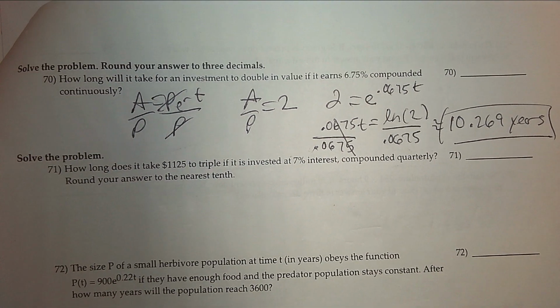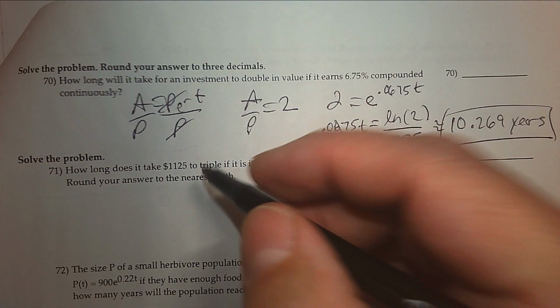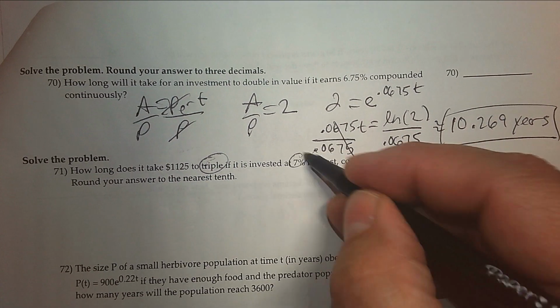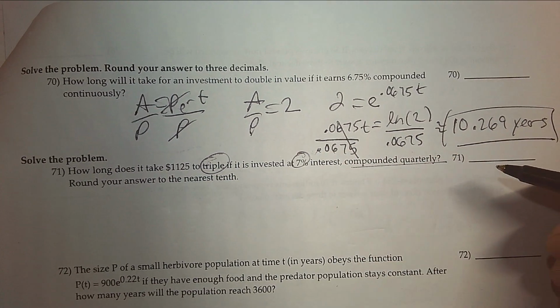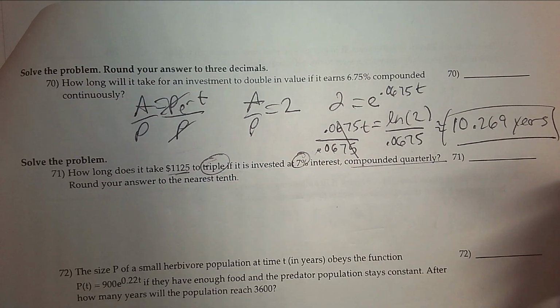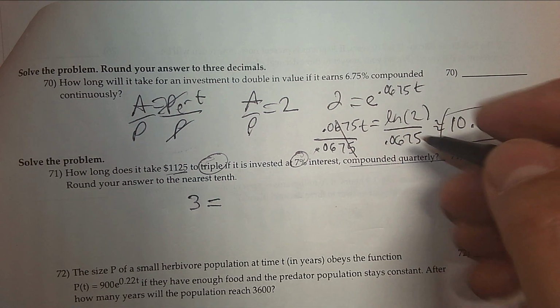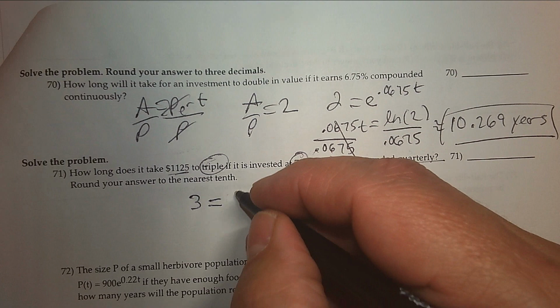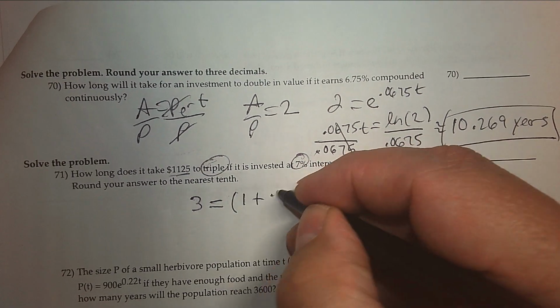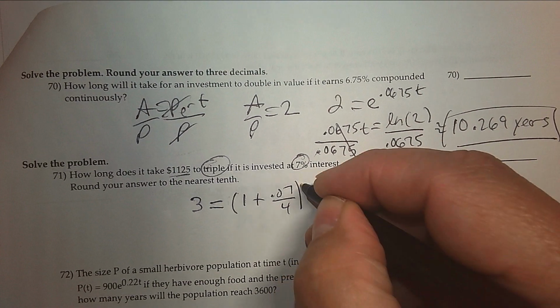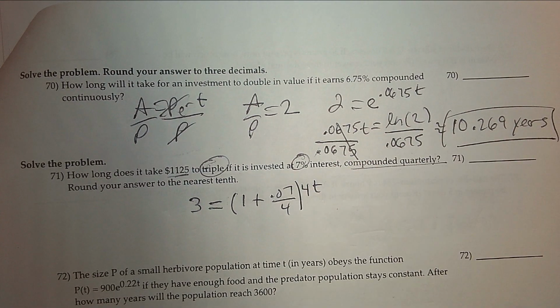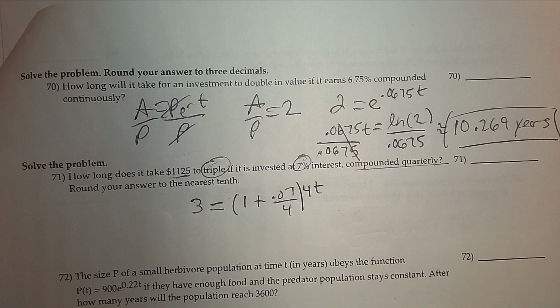How long does it take 1,125 to triple if it's invested at 7% compounded quarterly? So in this case, it doesn't even matter how much money you start with. Triple means we're going to start with 3, and then we're going to write down the compounded quarterly part, no P. So that would be 1 plus 0.07 divided by 4, and then 4 to the T, because that's what I'm looking for. So I need to write this as a logarithm. So it might be helpful to take the base and write that as a decimal.